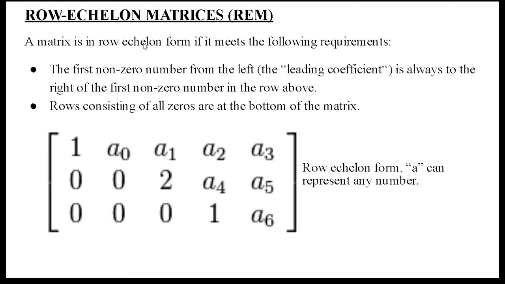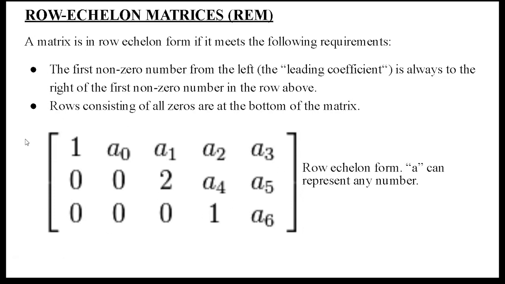The first one is the first non-zero number from the left, that is the leading coefficient, is always to the right of the first non-zero number in the row above. And the second is rows consisting of all zeros are at the bottom of the matrix, like the example below.